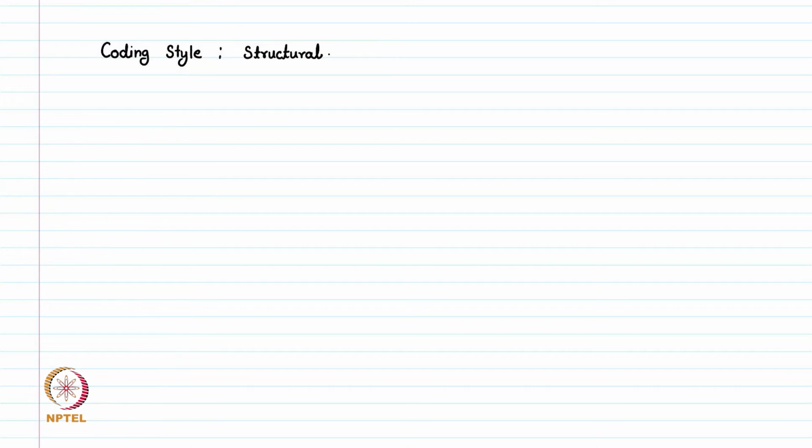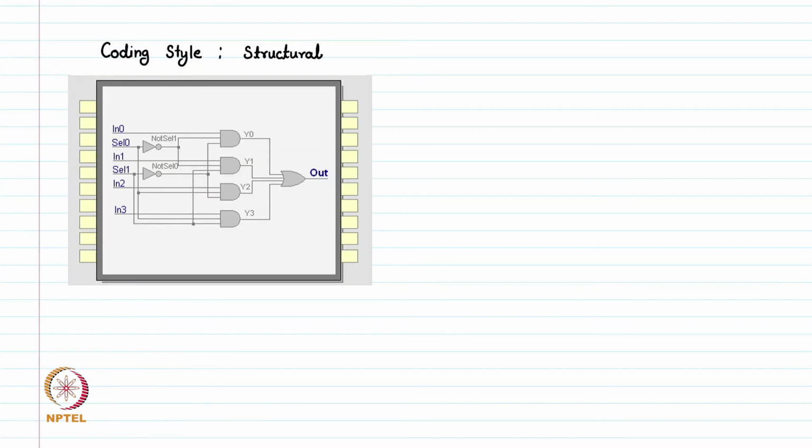So we have structural coding style. In this type of coding style, let's say these are our inputs and this is our output, and we know exactly how the inputs are creating the output.